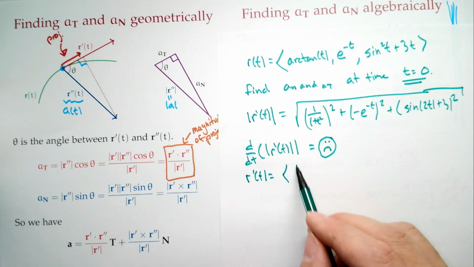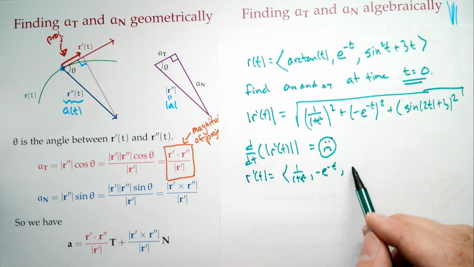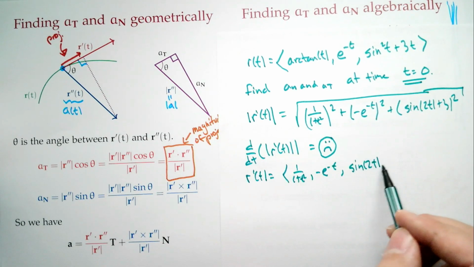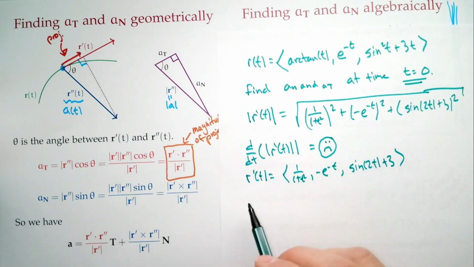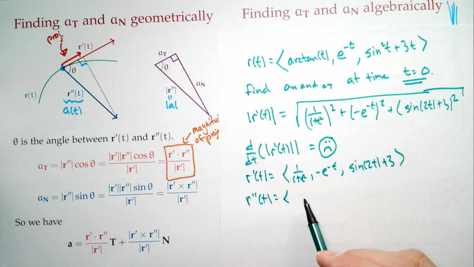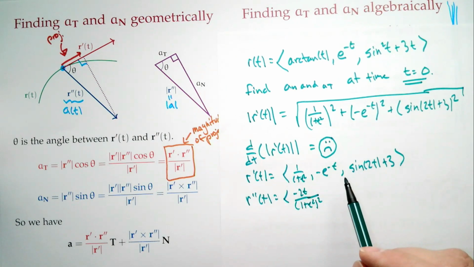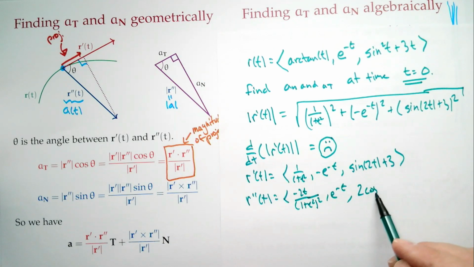Well, 1 over 1 plus t squared, minus e to the minus t, and sine of 2t plus 3. Let's take r double prime of t. Derivative of 1 over 1 plus t squared. Well, that's minus 2t over 1 plus t squared squared. And then we have e to the minus t, and 2 cosine of 2t.